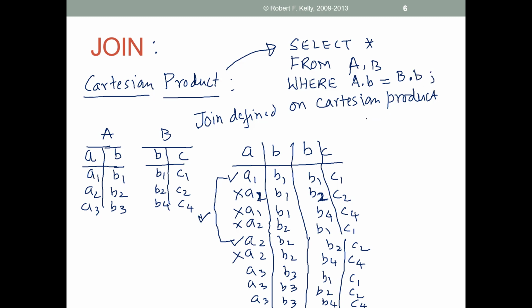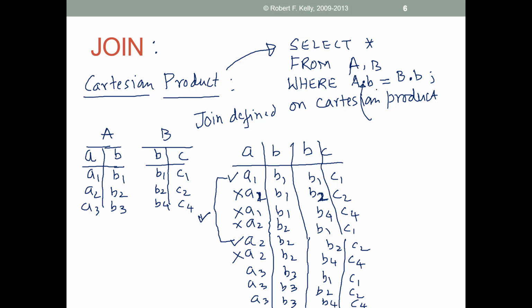Let's try to understand what we mean here. Here, the lowercase b is used to tell that I am referring to the attribute b in table A. Similarly, when you say capital B period b, you are referring to the attribute b present in table capital B. Sometimes we use this period operation to avoid any ambiguity.